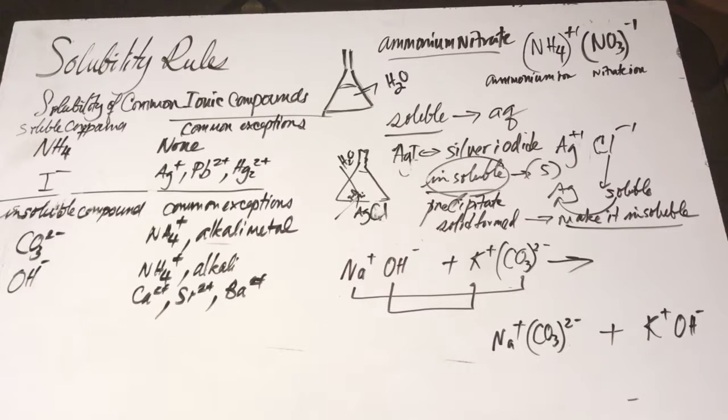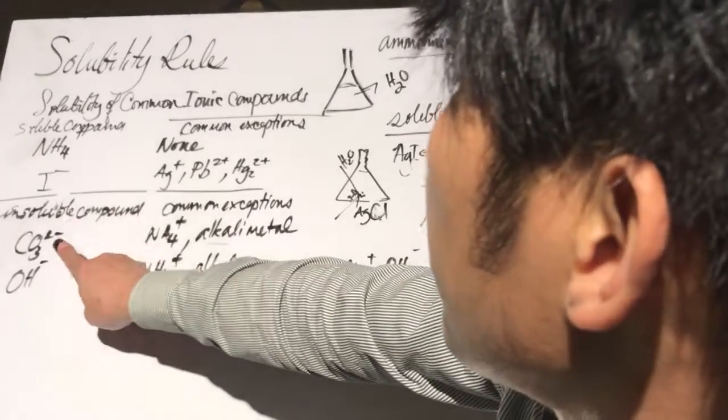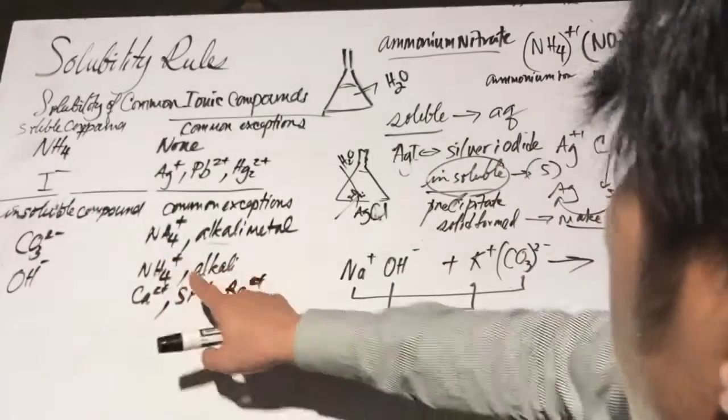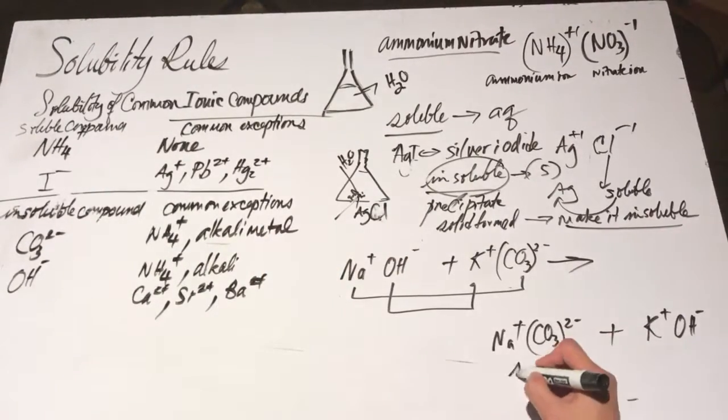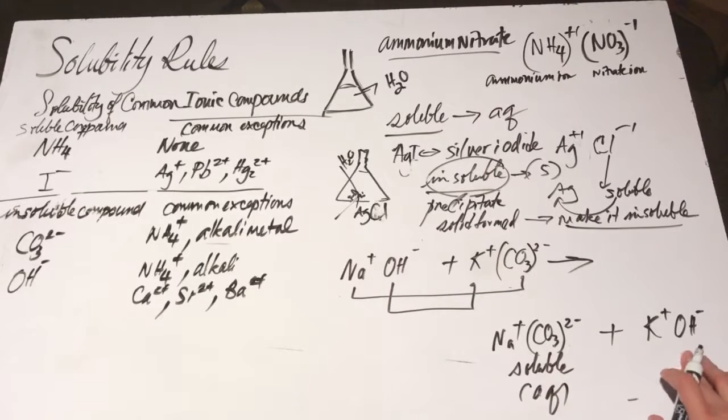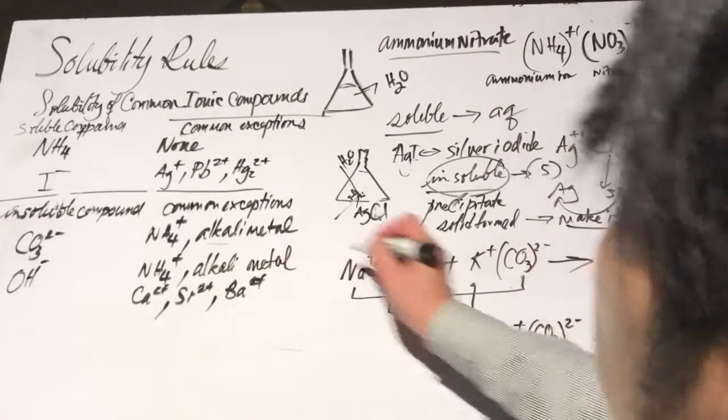I'm going to have to predict whether or not these two compounds will be soluble or insoluble. Let's look at the carbonate ion first. Carbonate ions are insoluble, so I look to see if there is any exception. Sodium is in group 1, so that makes it soluble. It makes aqueous solutions. And also potassium hydroxide. I look at hydroxide, which is insoluble, and see whether I have an alkali metal.